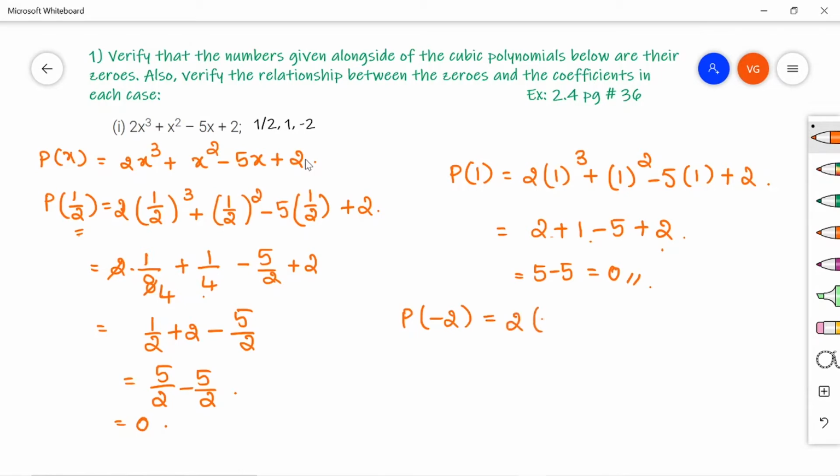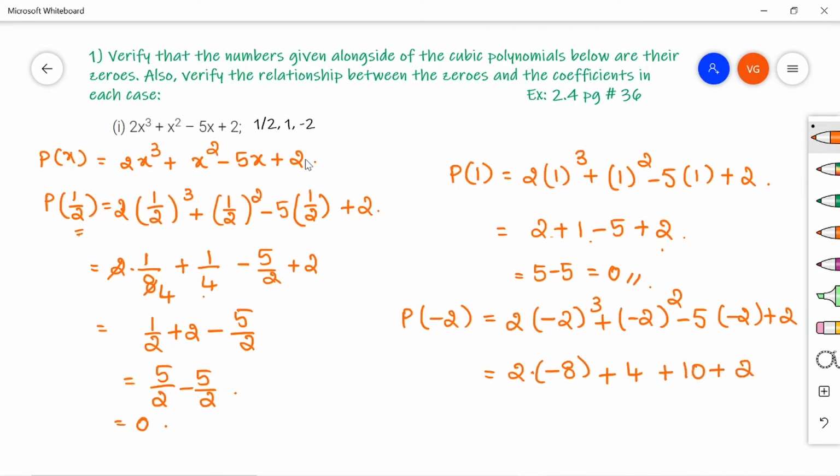2 multiplied by minus 2 whole cube plus minus 2 whole square minus 5 multiplied by minus 2 plus 2. Now simplify. Minus 2 whole cube means minus 8, plus minus 2 whole square is 4, minus of minus, plus 10, plus 2.